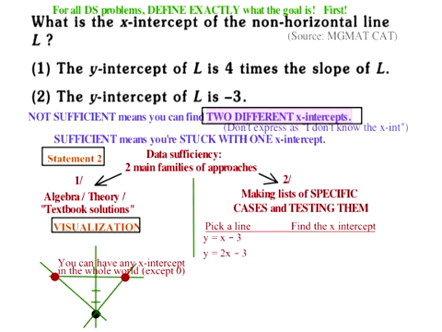The x-intercept of those, you set them equal to 0. If you solve that, that's 3, and this is, whatever it is, definitely not 3. So, not sufficient. Boom. Done. So, overall, this is A.